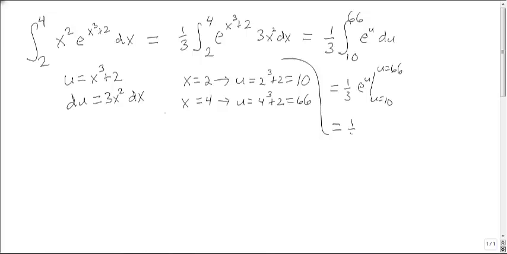And so I do 1/3, and then e to the 66 minus e to the lower bound, which is 10. A lot of times I might write this as just e to the 66 minus e to the 10, over 3. So there's our answer to this definite integral. It's an exact value. You could create a decimal out of that if you would like.